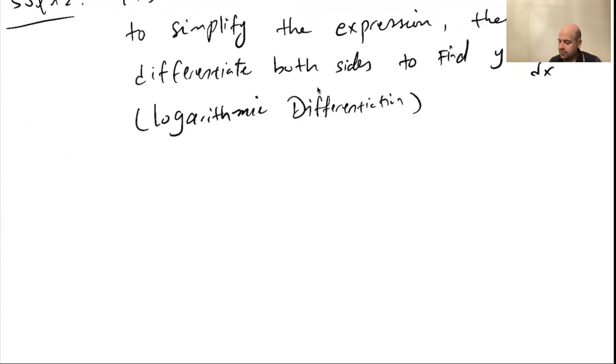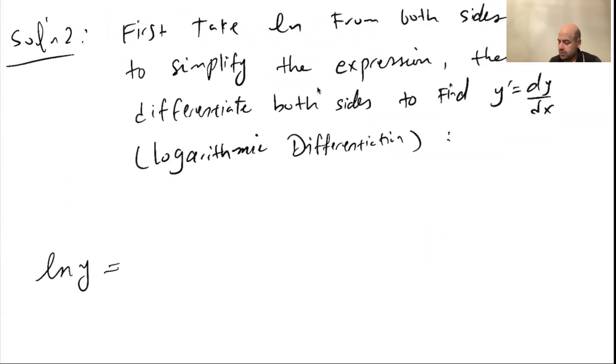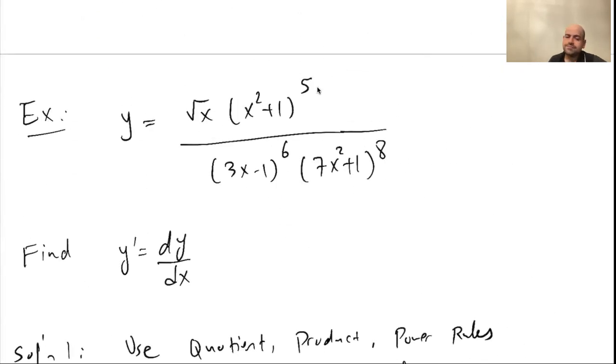So ln y equals, what about the right-hand side? Right-hand side, I will have ln of this fraction. ln of this fraction means ln of top minus ln of bottom, according to the logarithm properties, right? ln of a fraction is ln of top minus ln of bottom.